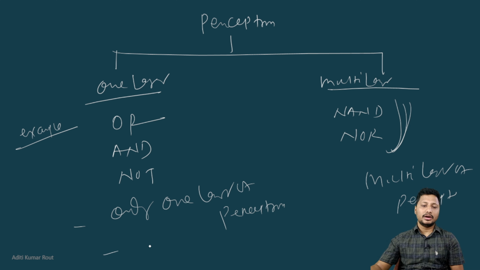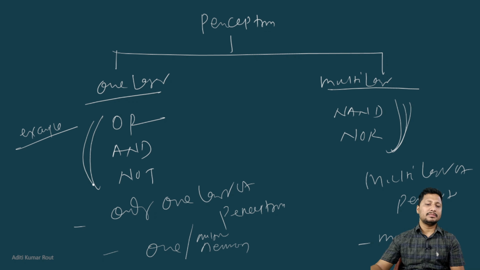For this particular example it is one neuron only, but multiple neurons can be possible here. In multi-layer, definitely multiple neurons. Here it is either one or multiple. If you take some different example which can be implemented using one layer, then multiple neurons can be applicable in a single layer.